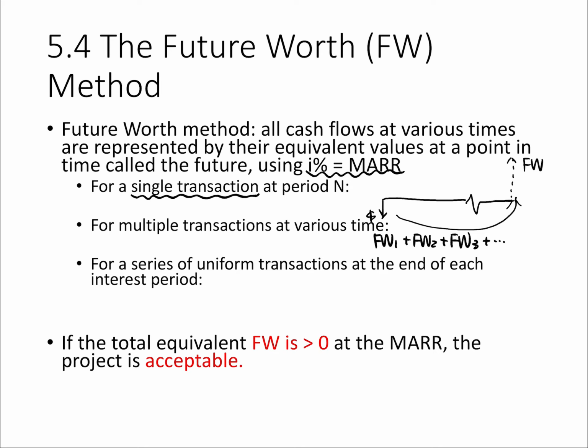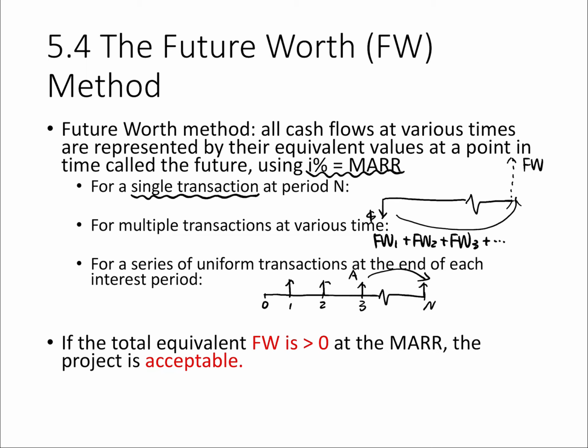You want to convert multiple times using the factor method we learned in chapter 4, then sum the different parts up at the end, and then you have the total FW and compare that with 0. Also, you may have annuities going on.